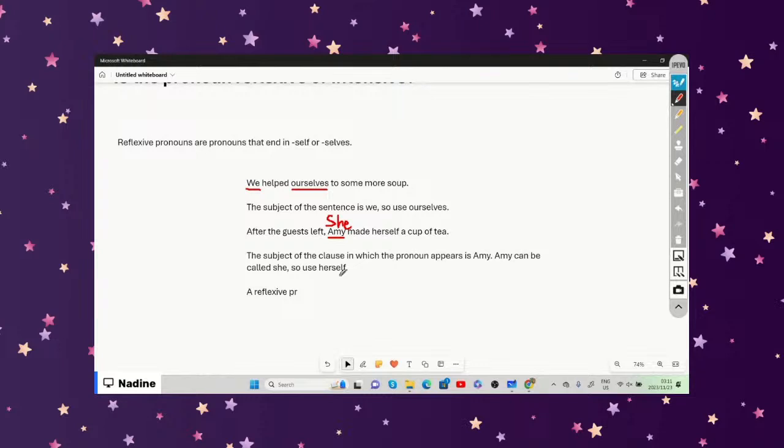So after the guests left, she, which is Amy, made herself a cup of tea. If we use she, then we definitely use herself. If we use he, then it is himself. The subject of the clause in which the pronoun appears is Amy, which can be called she, so we use herself.